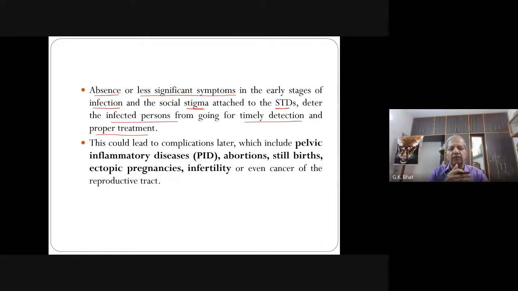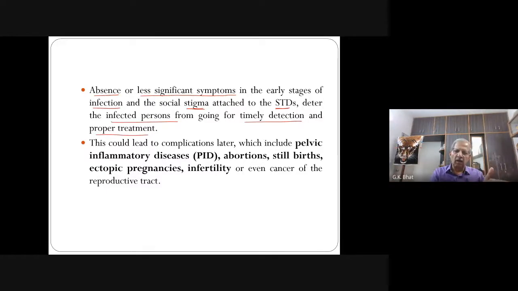Those who have made mistakes will know this very well. The boy or girl who have come in contact sexually, one of them has an STD. Of course, the boy will not know that the girl has an STD, or the girl will not know that the boy has one.